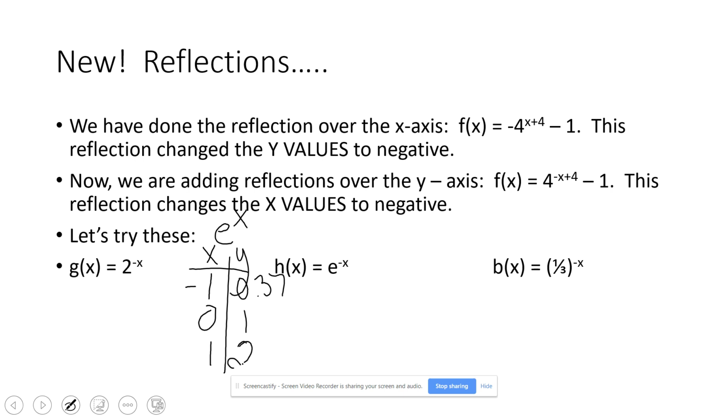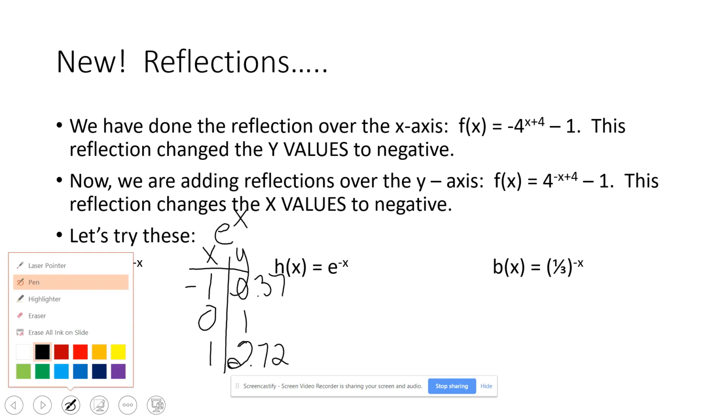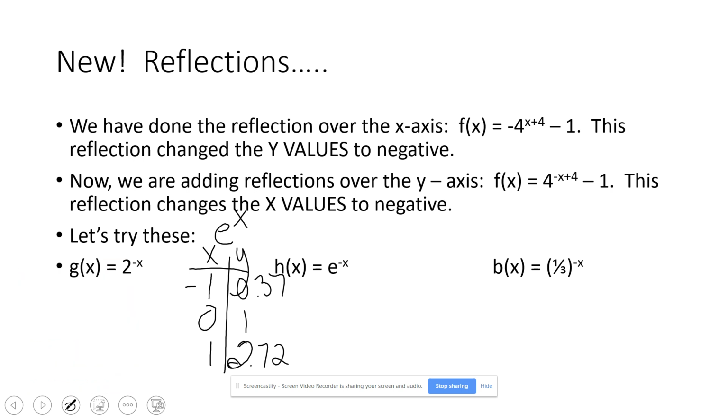And then e to the first is 2. And e to the negative 1 is the same, and it changes to negative 1.